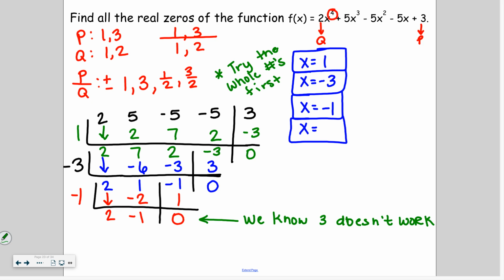Possibly, but you're going to have to do something to that 2 to get it to a 1. So you're going to have to make it smaller. Well, 1's not going to do anything except keep 2 a 2. So we know now, set this one equal to 0. And solve.